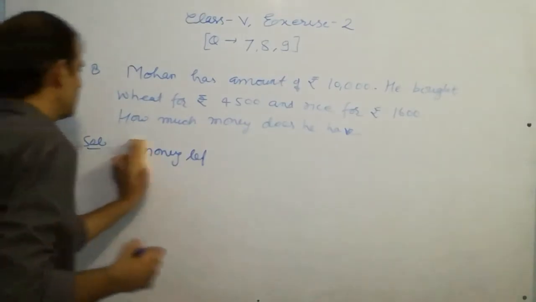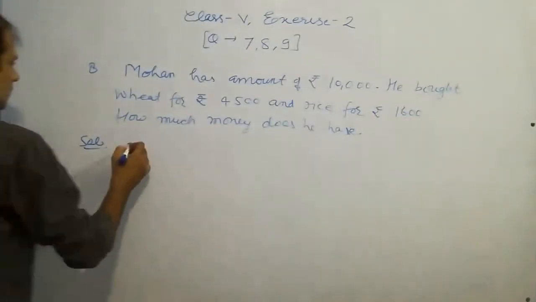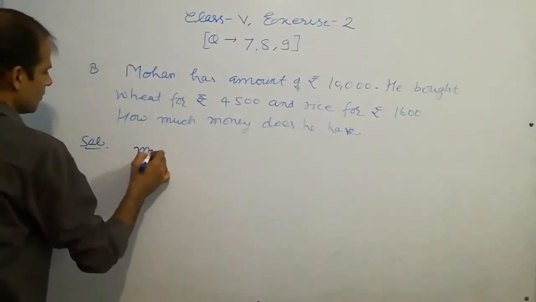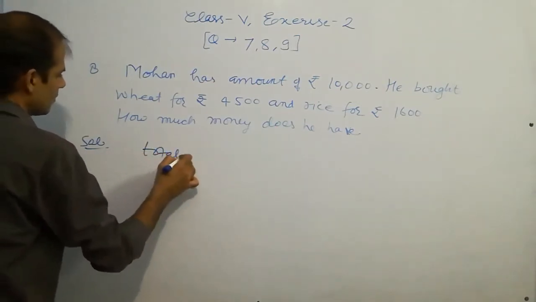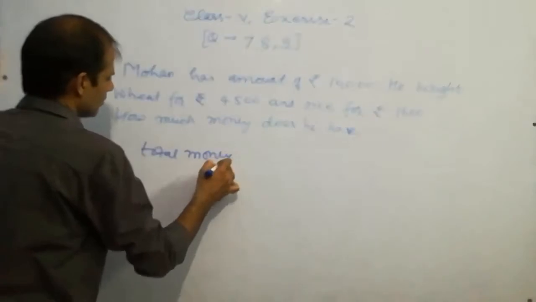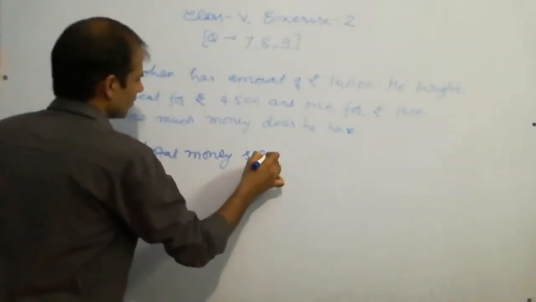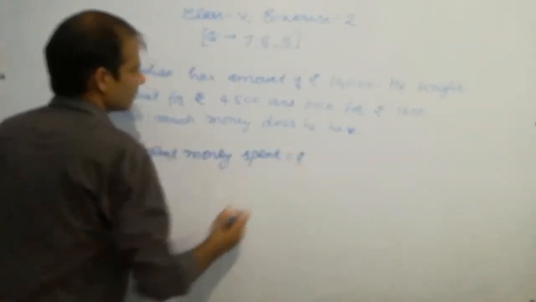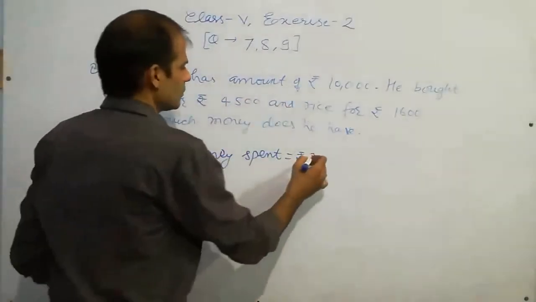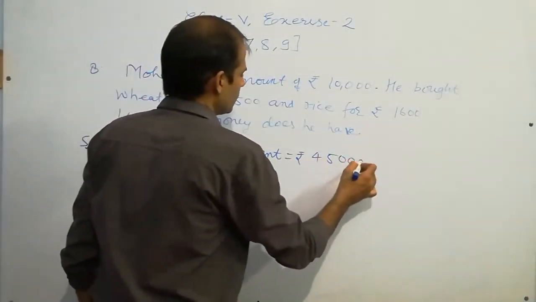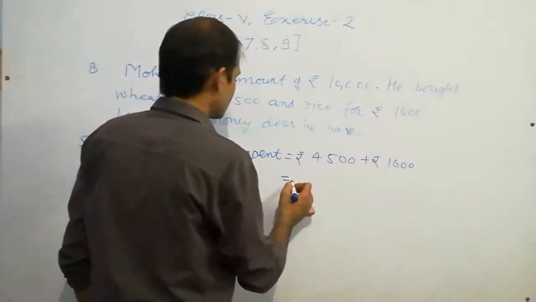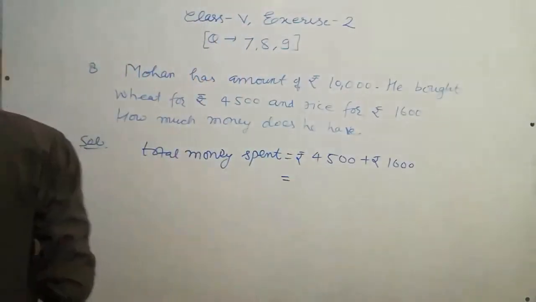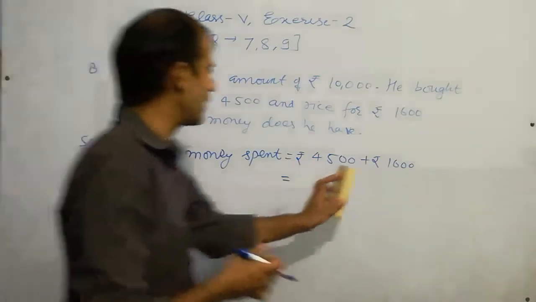Total money spent, okay? Total money spent equals rupees, you have to add both these values. Rupees 4500 plus rupees 1600.